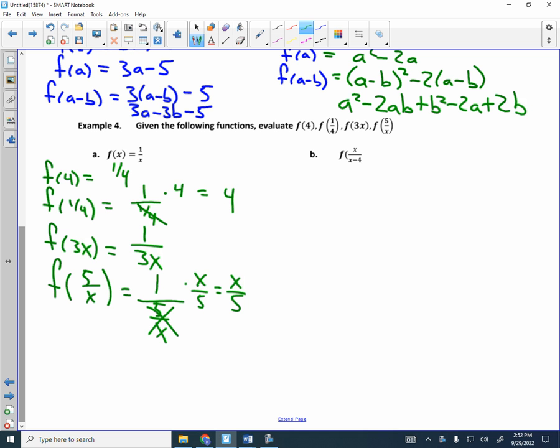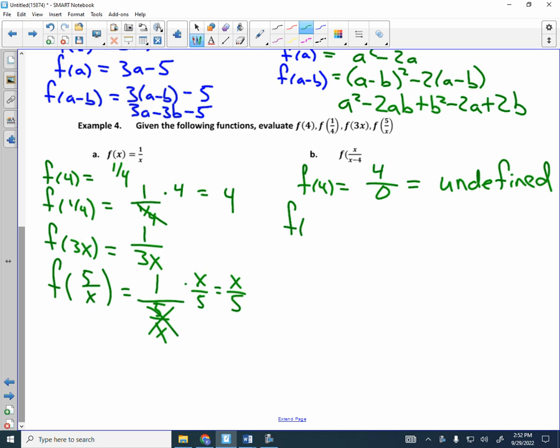How about the next one, f of 4? What do you get on top? What do you get on the bottom? What happens if you have 0 in the denominator? Yeah, the mathematical term is undefined. We do not have a defined output if you plug in 4. So we would say that 4 is not part of the domain because you don't get anything out when you plug it in.